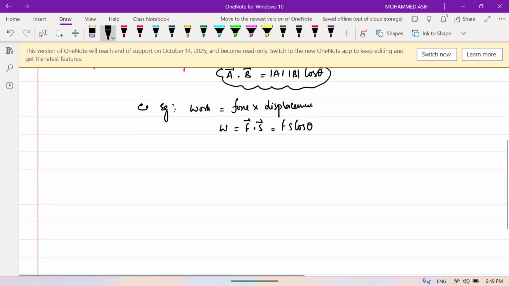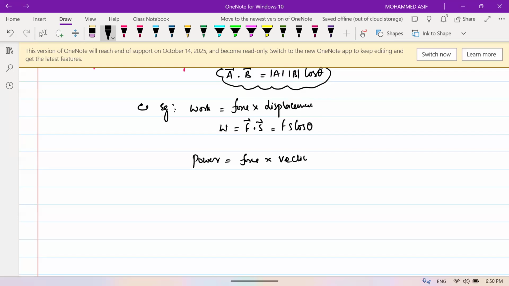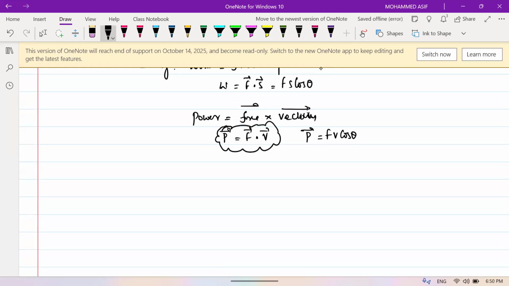One more example is power. Power is equal to force multiplied by velocity, both of them vector quantities. So P is equal to F bar dot V bar, also written as Fv cos theta.